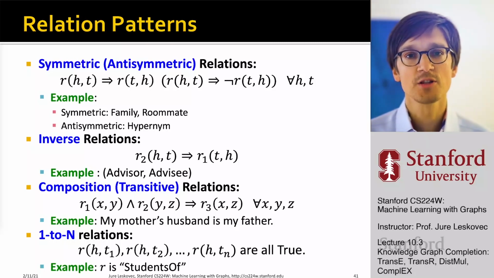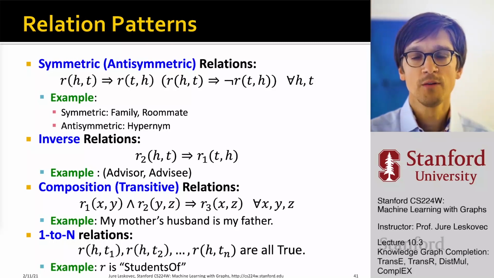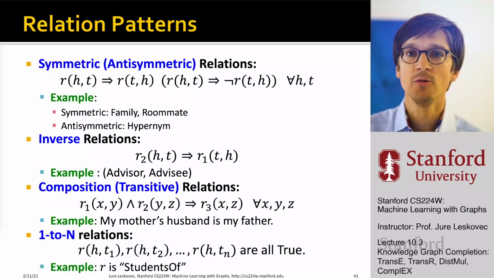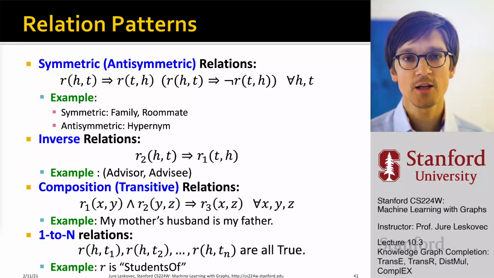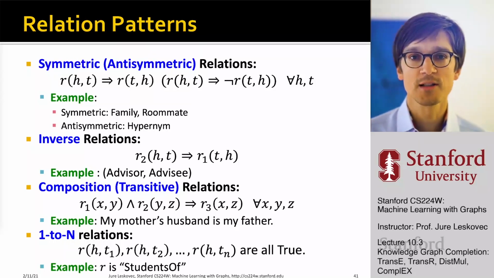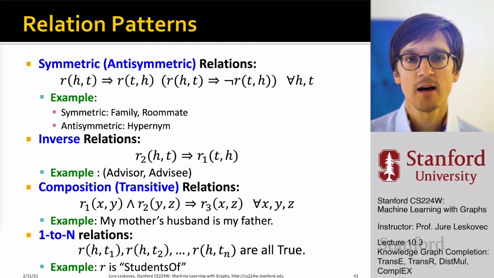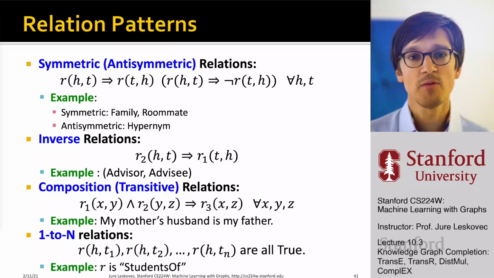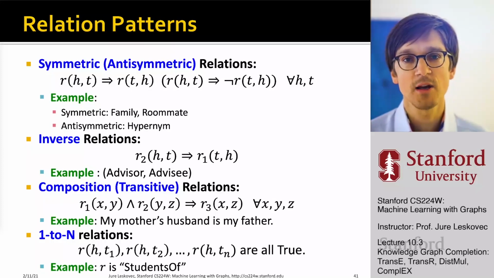Inverse relations would be like advisor-advisee, where if I'm related to you with one relation, you're automatically related to me with a different relation. Then it would be transitive relations, for example, friend of, which would be if x is friends with y and y is friends with z, then x and z are also friends, right? So this would be one way of having the notion of transitive relations.